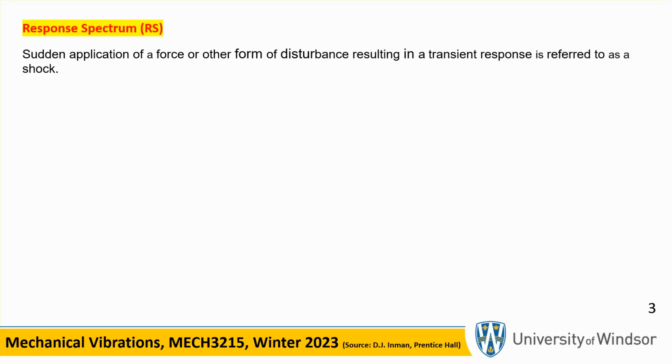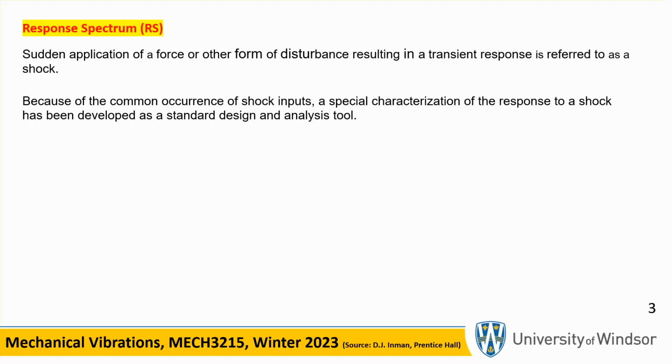All right. The concept of response spectrum, which incidentally some textbooks or some authors refer to as shock spectrum, has to do with the sudden application of a force over a duration of time that results in a transient response, which is called shock. This happens in many practical problems.